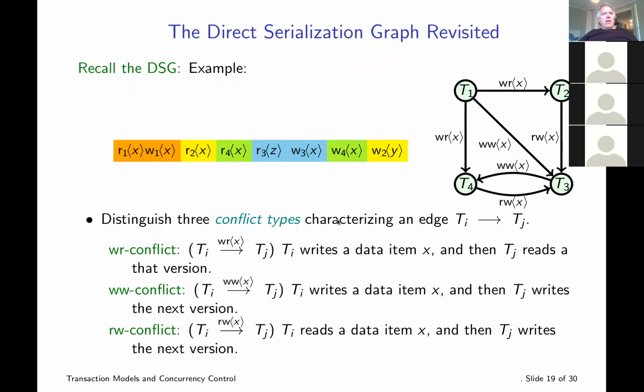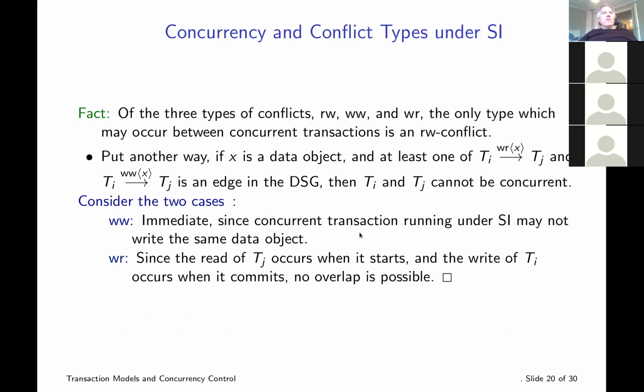All right, so the direct serialization graph, if you recall, is this thing where we have the transactions, we have write reads, read writes, and write write links between them. So we covered that in the first hour. And so if we look at something like this, okay, here's a fact.